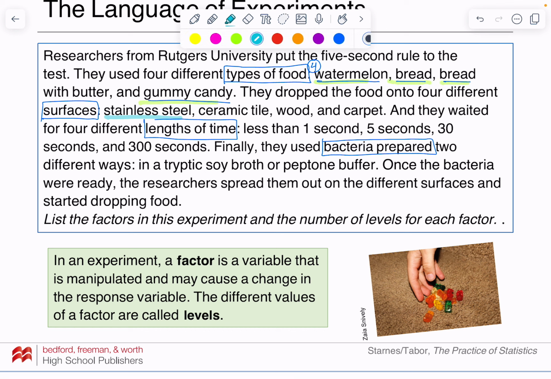I have 4 different levels for time: 1 second, 5, 30, 300. So I have 4 different levels for that. And then for the bacteria prep, we only got 2. We got this soy broth and this peptone buffer.